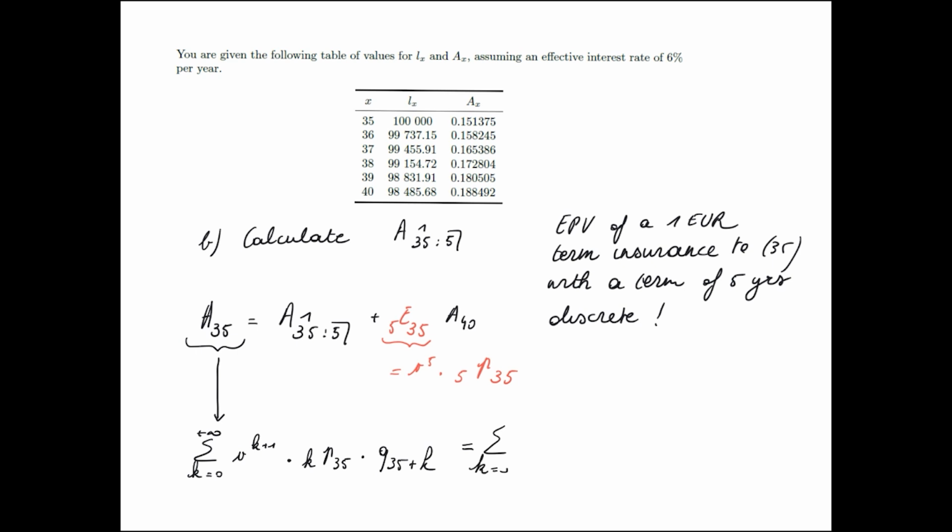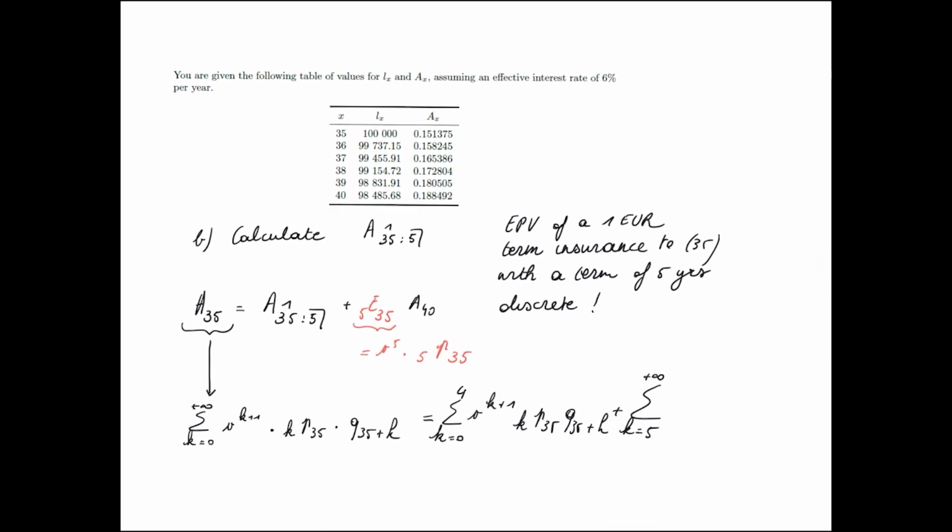The first part will go from 0 to 4. So there you've got v to the power k plus 1, kp35, q35 plus k, plus then the sum for k running from 5 to plus infinity of v to the power k plus 1, kp35, q35 plus k.